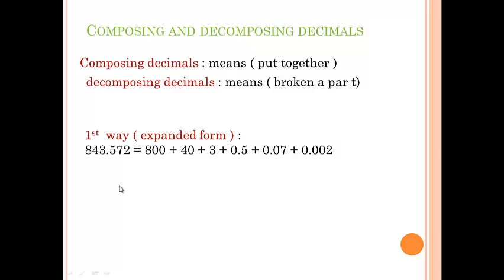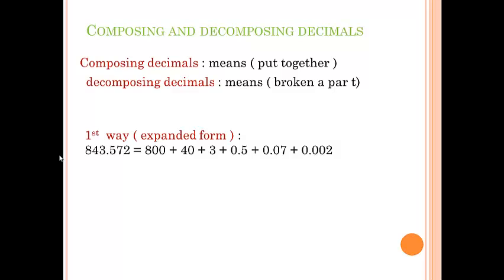Plus, here 5 in the 10th place, so its value with the point is 0.5. 7 in the 100th, its value with the point, 0.07. 2 in the 1,000th, its value will be 0.002. This is decomposing with expanded form.